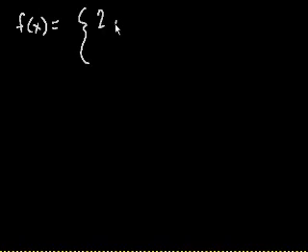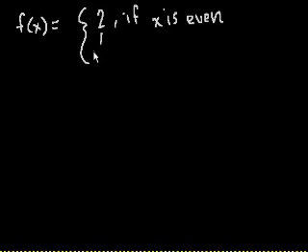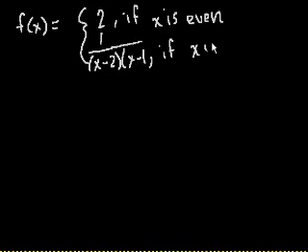Let's say that f of x is equal to 2 if x is even, and 1 over x minus 2 times x minus 1 if x is odd.